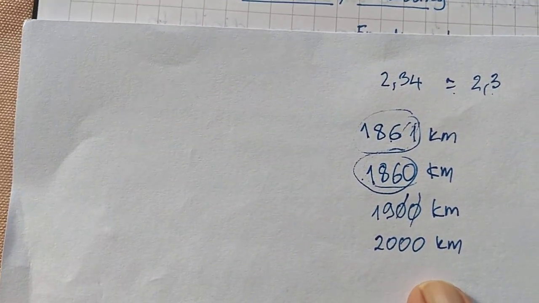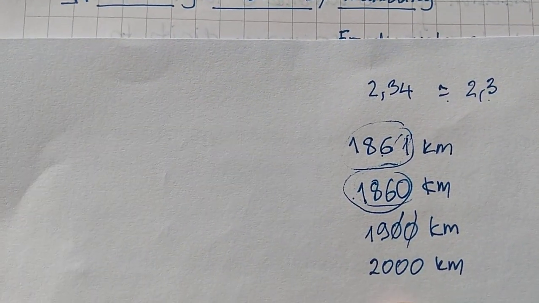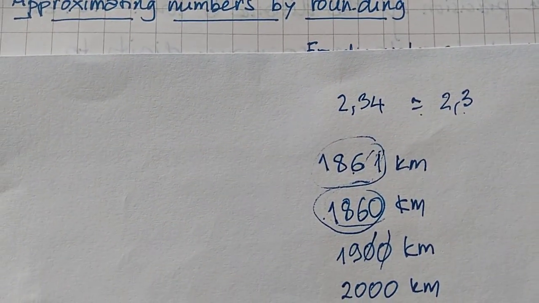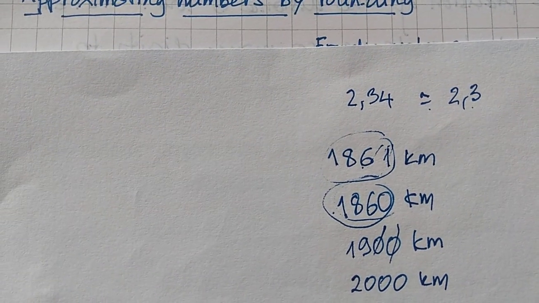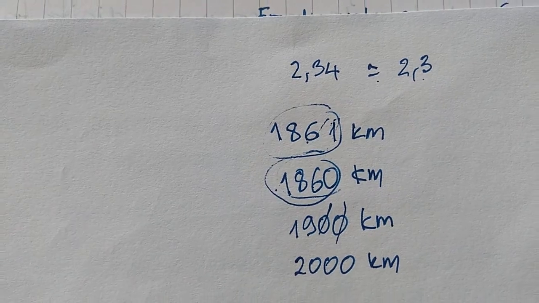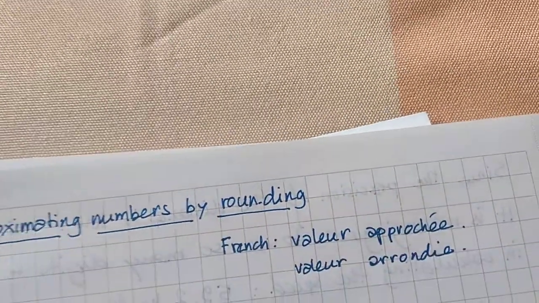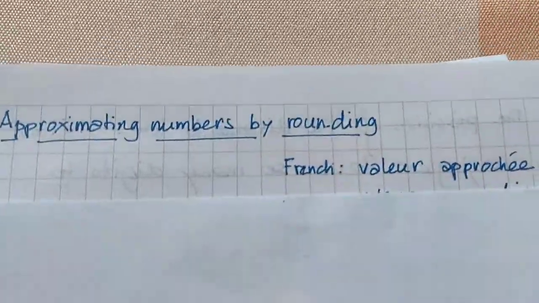There is yet another way of approximating numbers, which is just to compare 2 numbers, which is called orders of magnitude, or the grandeur in French, and that topic is actually covered in the book. Okay. So coming back to approximating numbers by rounding, I will turn this around so that there won't be any distraction.